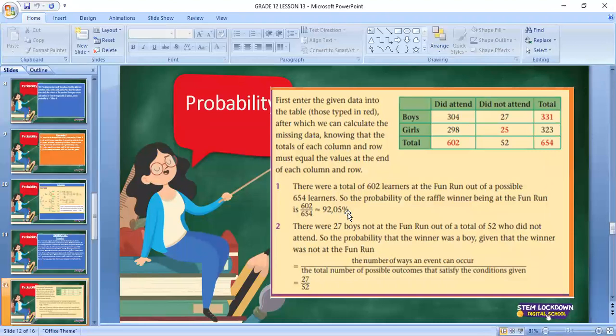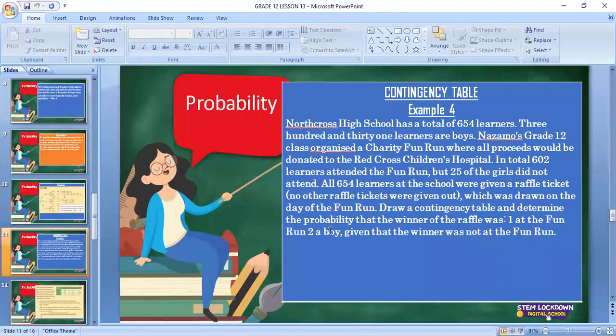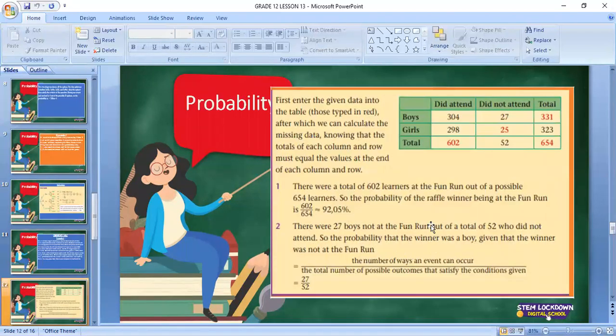Okay. And then the other question says: what is the probability that the winner is a boy, given that the winner was not at the fun run? So being a boy, given that they were not at the fun run. How many people were not at the fun run? There are 52 of them.